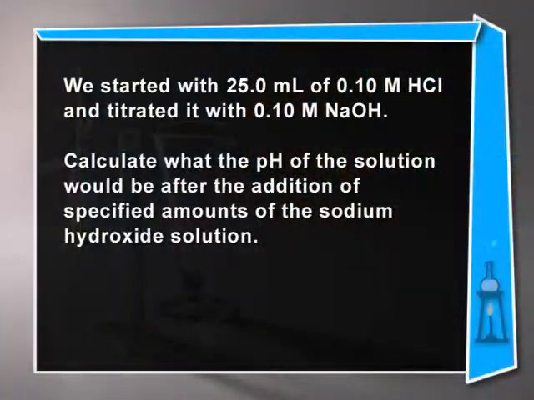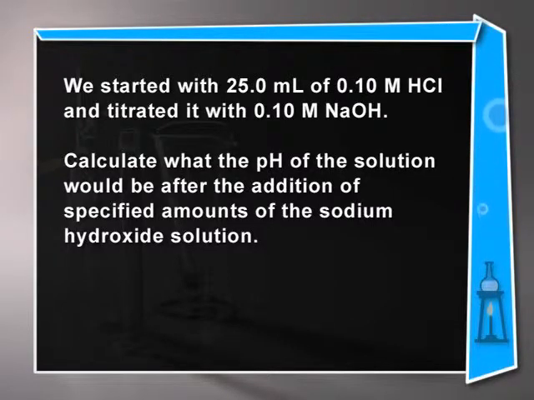Let's pretend we were going to do a titration of a strong acid like HCl with a strong base, let's say NaOH. Let's suppose, to keep the math simple, that we started with 25 milliliters of 0.10 molar HCl and titrated it with 0.10 molar NaOH.